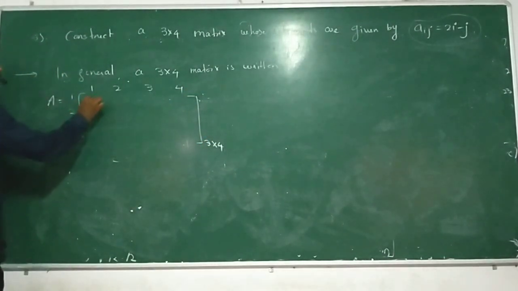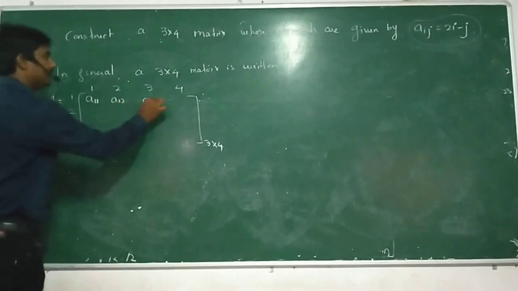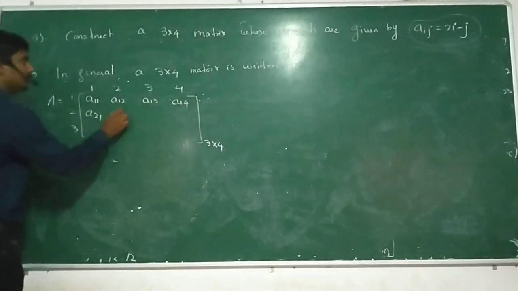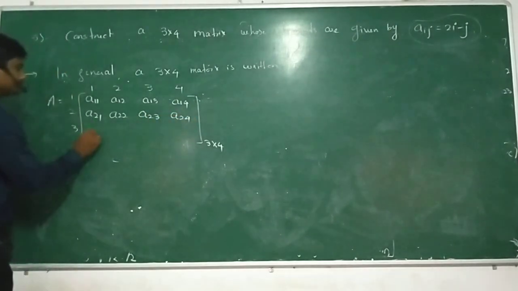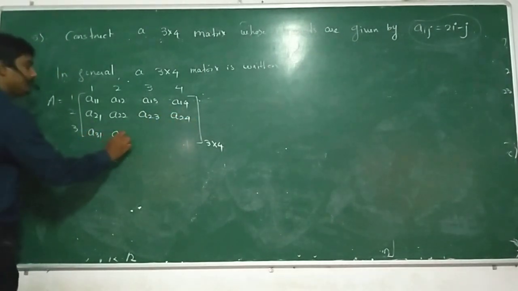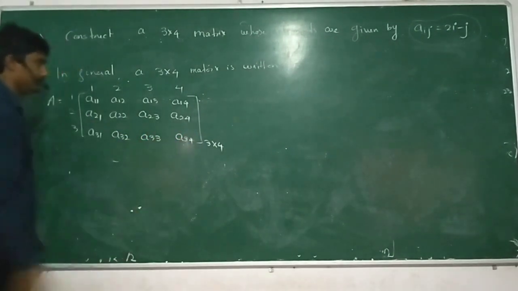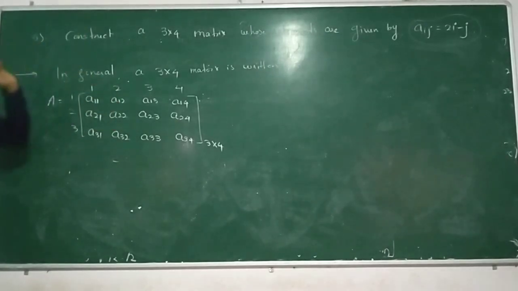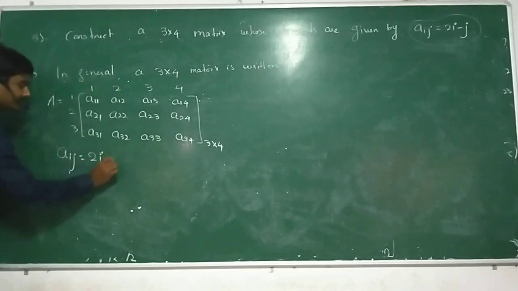So here we write down the elements generally as A11, A12, A13, A14, A21, A22, A23, A24, A31, A32, A33, A34. Each element you are supposed to find out using the general element. So what is the general element? Aij is given as 2i minus j.